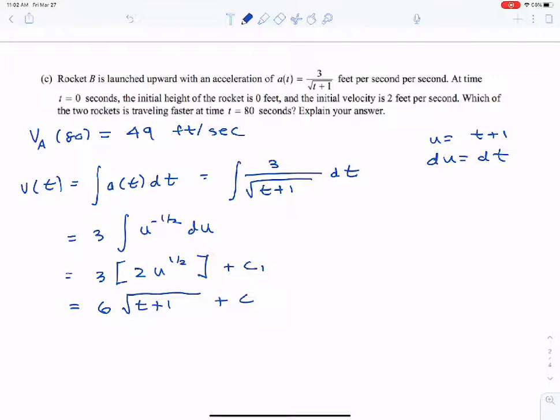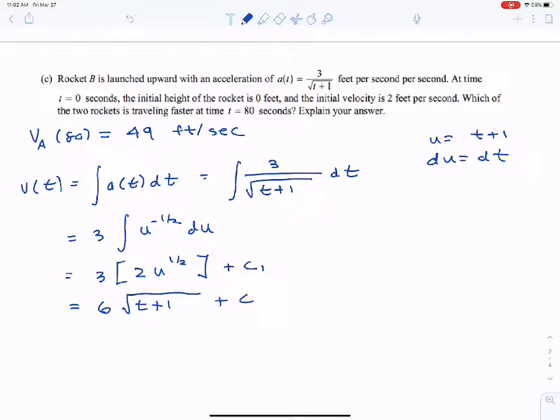The reason being, I was in terms of u, and then I went in terms of t, so I'm going to use a different letter. Again, you're never going to be taken off for that. Technically speaking, though, I use C1 when I'm in terms of u, and then I use C when I go back to when I resubstitute. Okay? Again, that's kind of like the minutia stuff. You're never going to get taken off for that, but that's the general rule. Okay?